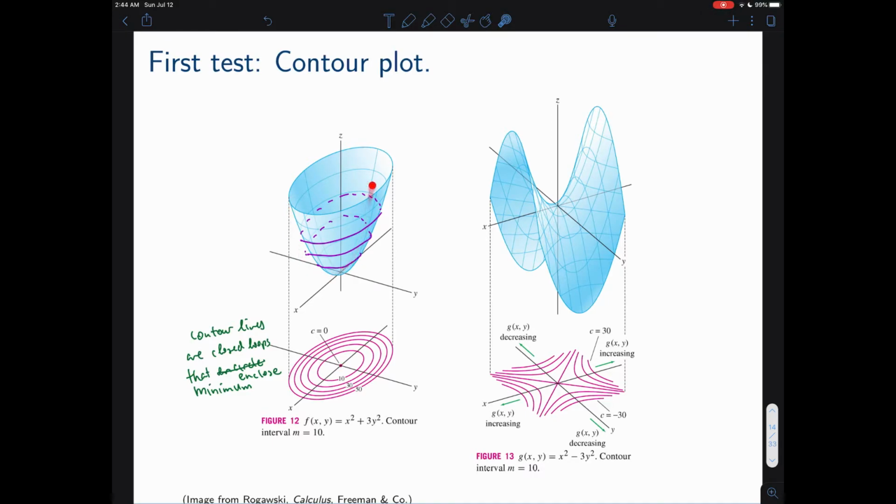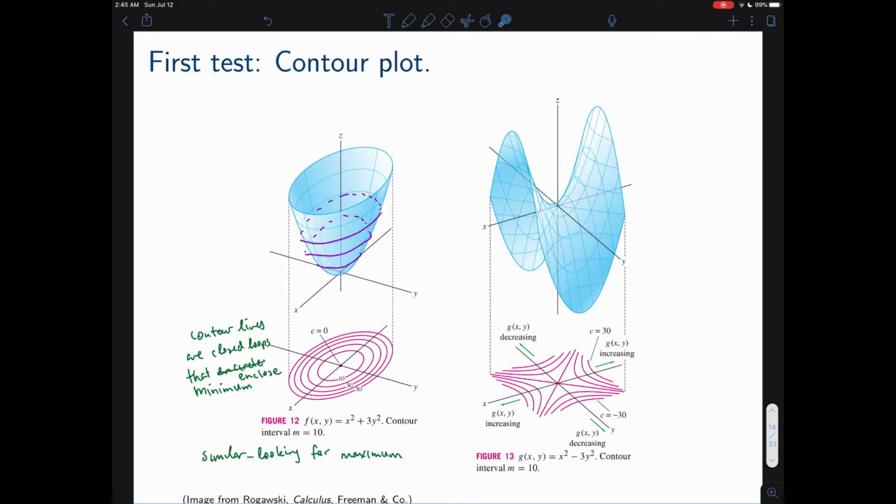All right, that's what happens for a local minimum, and it's going to be similar looking for a maximum. If we turned this graph upside down to make it a hill, then the horizontal traces would still loop around the sides of the hill, and you'd still have looping around contour lines in the case of a local maximum.